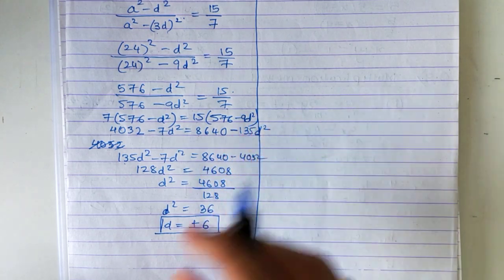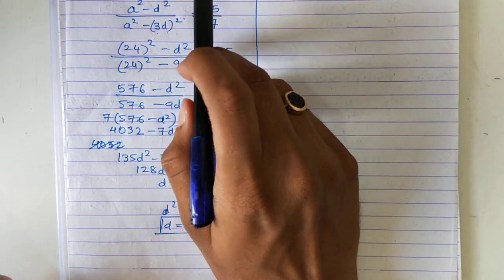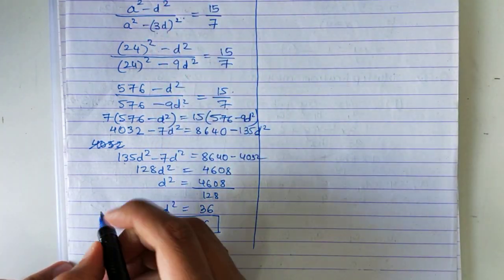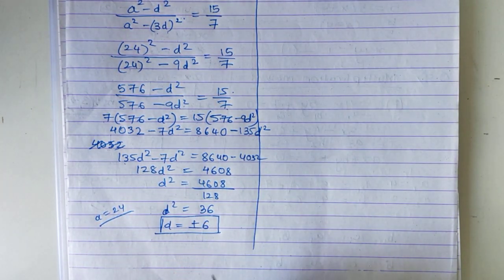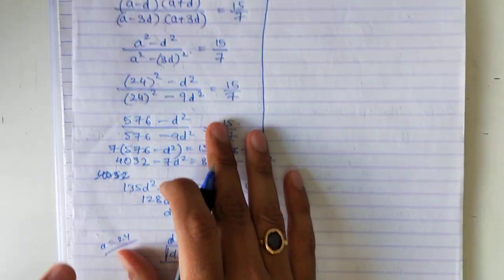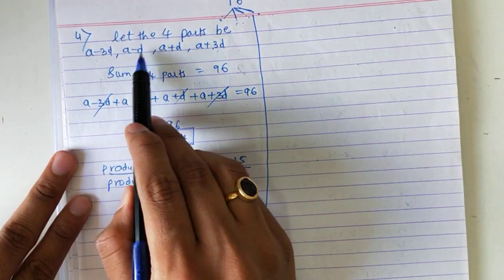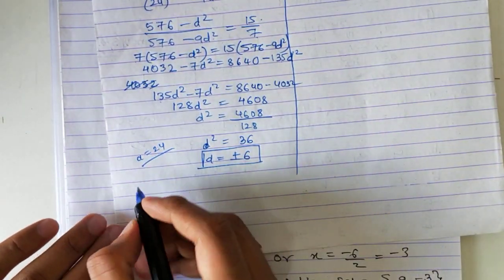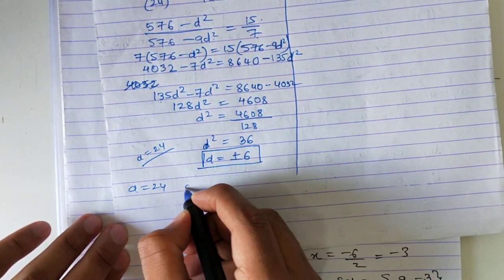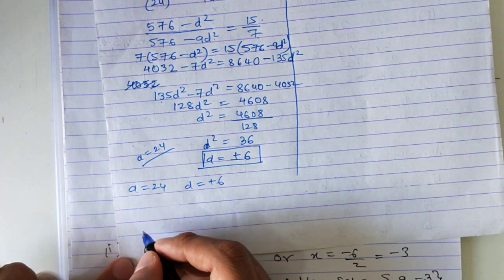Okay, now we had already found a as 24 and now we know d as plus minus 6. So I can find the four parts. These are the four parts, correct? So let's take first a as 24 and d as plus 6 and find the four parts.